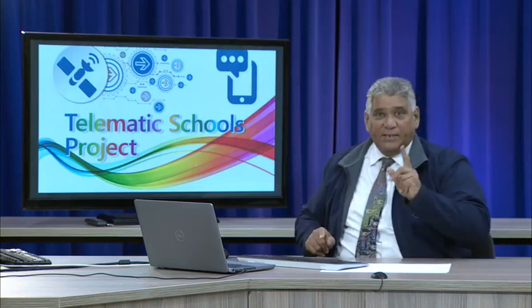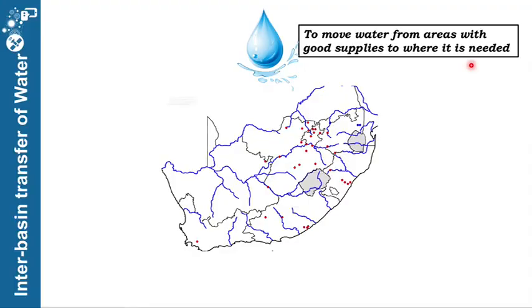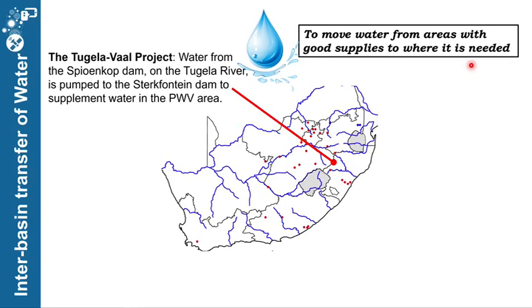Now, it's happening in South Africa at the moment. Let's have a look at this. The first one is called the Tugela-Vaal project. What's happening here is that water from the Spioenkop Dam in the Tugela River is pumped to the Sterkfontein Dam for the Vaal areas.